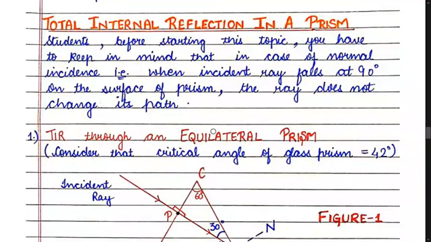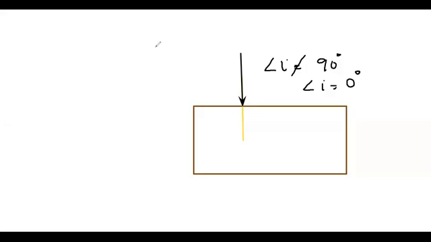If a ray of light is passing at 90 degrees to the surface, then the angle of incidence is not 90 degrees, rather the angle of incidence is 0 degrees.